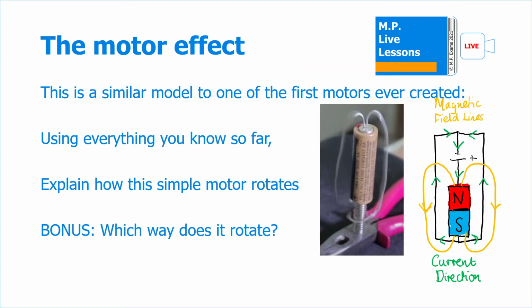And we can see, especially at these two points, that the magnetic field cuts the current at 90 degrees. And we can use Fleming's left-hand rule. So we've got the field going this way, current going this way, force going up.